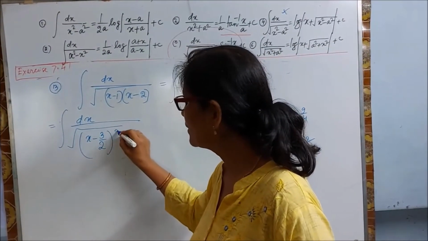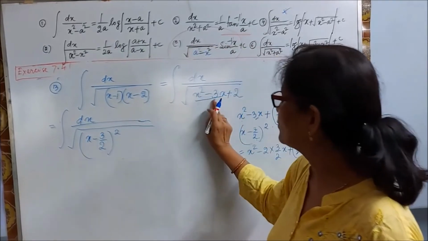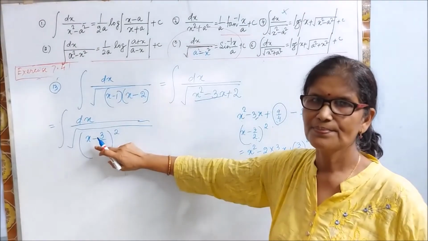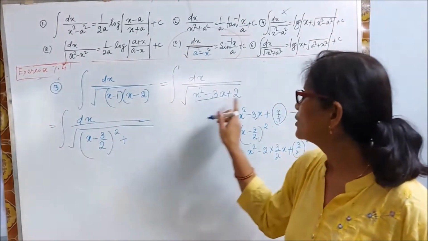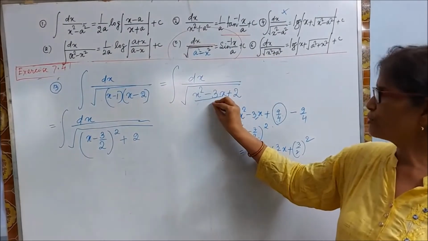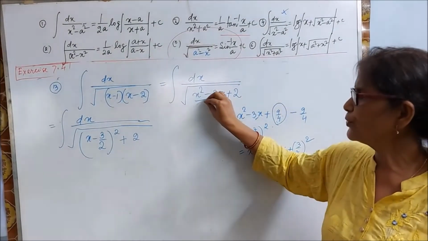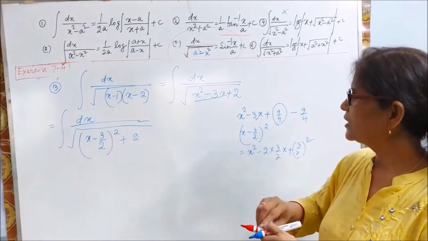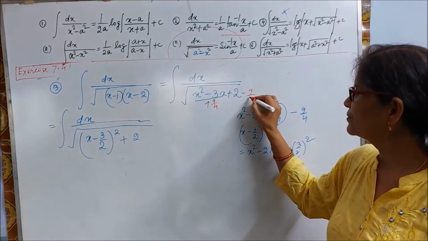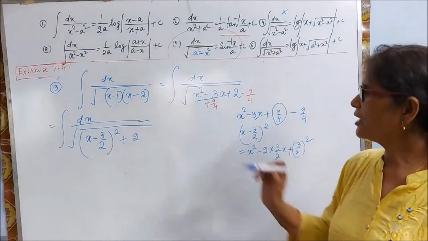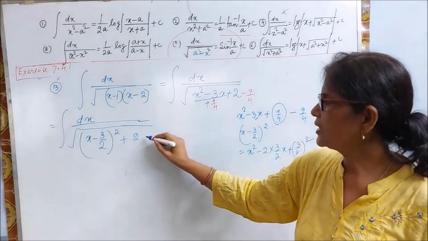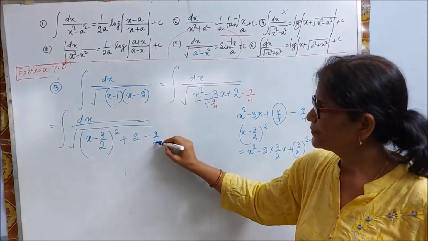From where did I get 3 by 2? It is just half of this, and here it is negative, so I am putting negative. Plus 2 was already there. As I am making a whole square, I am adding 9 by 4 here, so I have to subtract 9 by 4. So directly I will write this as x minus 3 by 2 whole square plus 2 was there, minus 9 by 4.